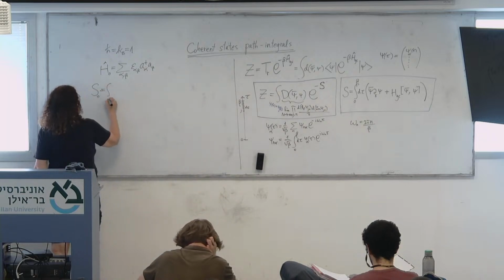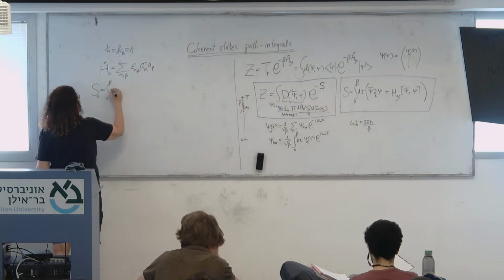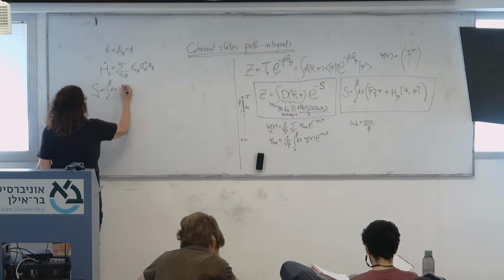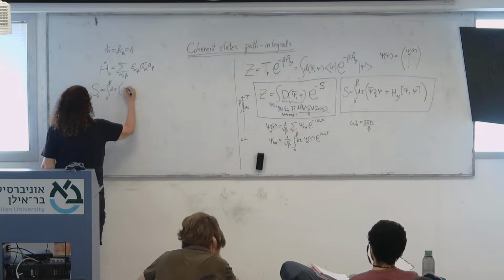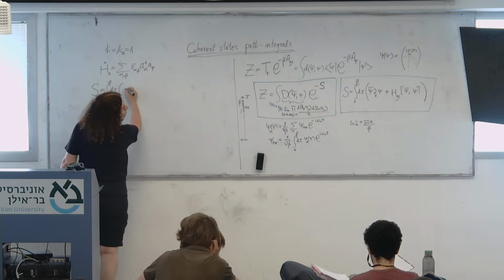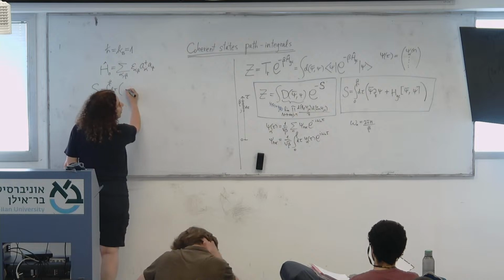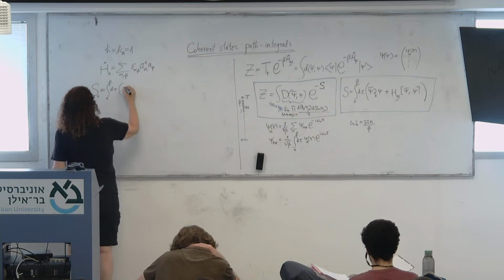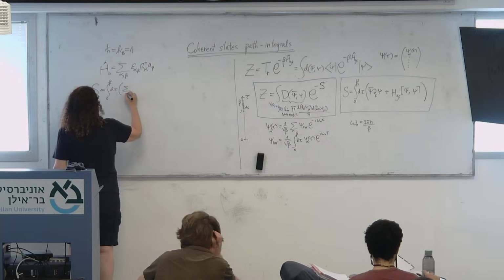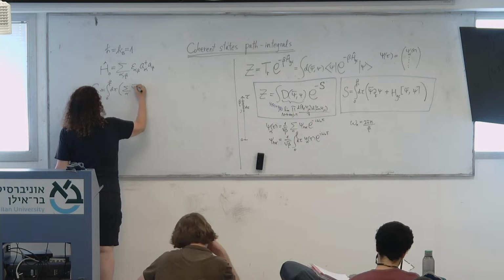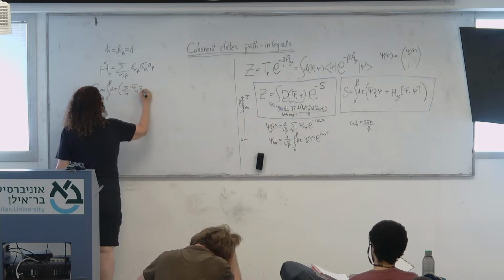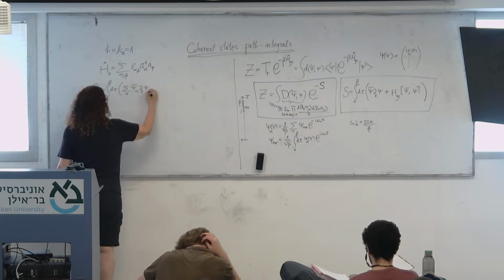So I first write it in terms of psi of tau, and I have psi bar d tau psi, which, to write it more explicitly, is the sum over alpha of psi bar alpha d tau psi alpha.